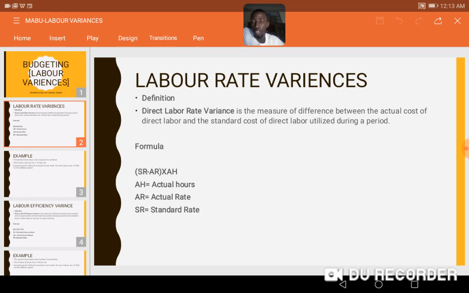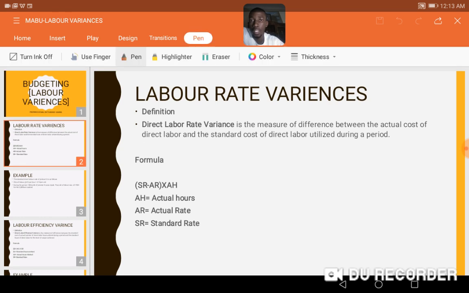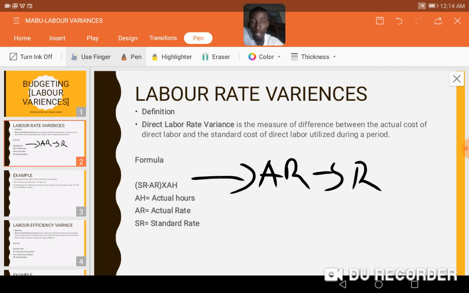On your books, they write the formulas in a different way. Like I said, this formula is going to be in your books. They put it this way: AR minus SR times AH, but according to Professor Marvin, it should be this way.